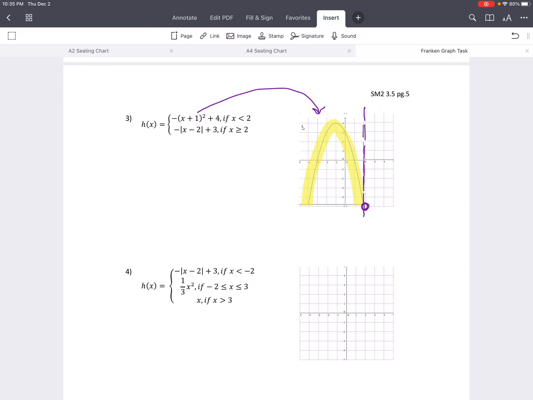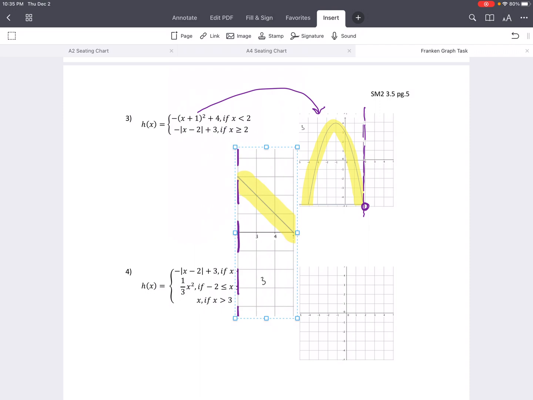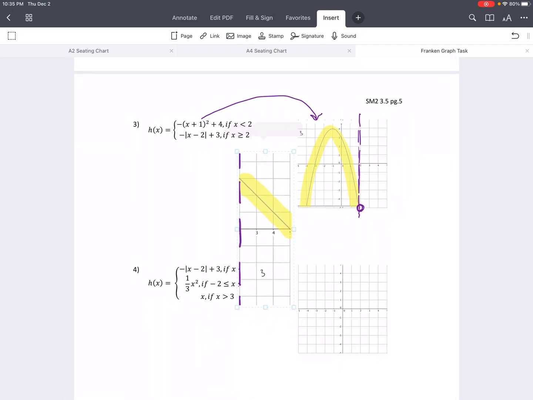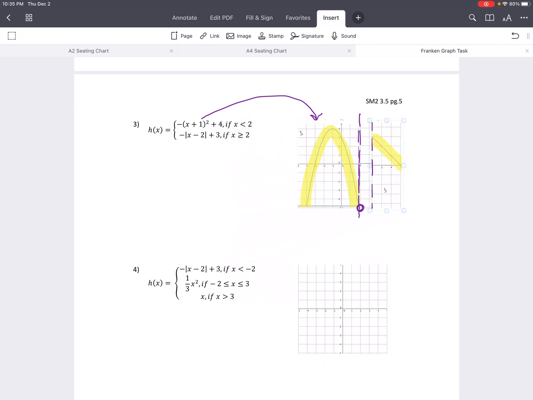And now for the second half, this would be for x greater than or equal to 2. Nice.